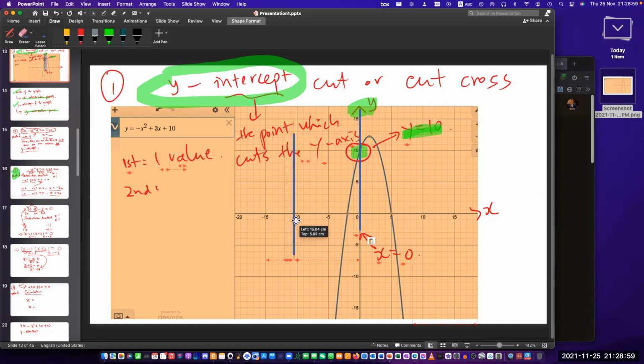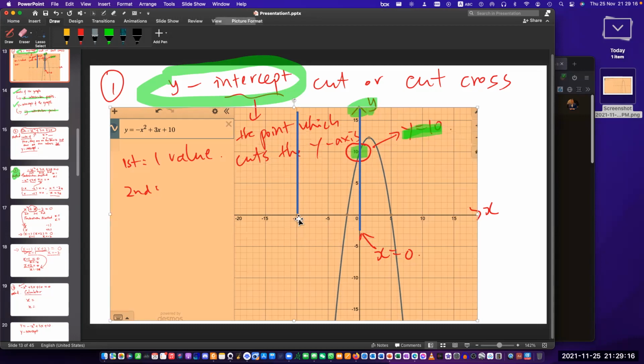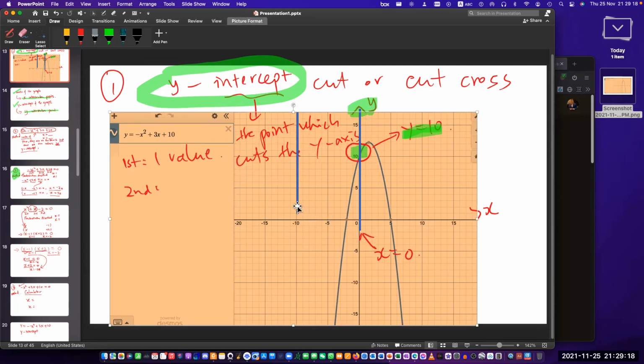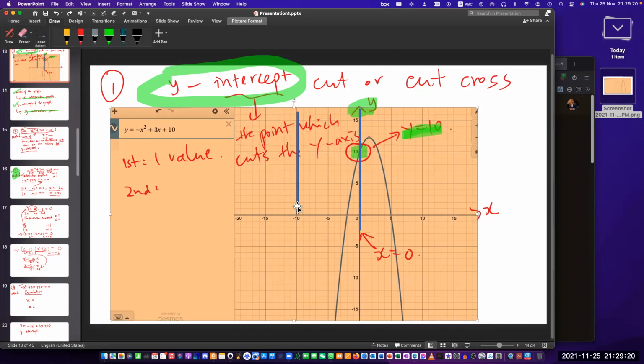If I start from here, this is where your x is equal to -10, right? Can you see? Yeah, let me just move it up. So this line falls on x equals -10, right?